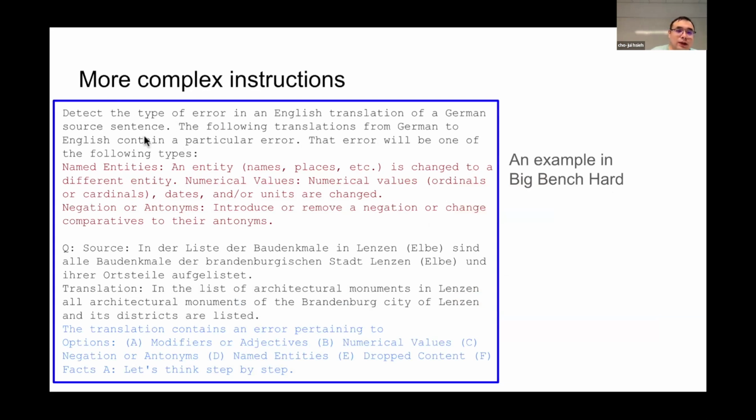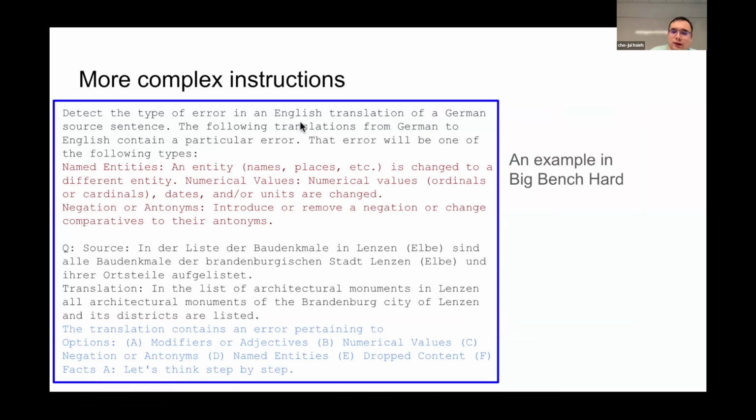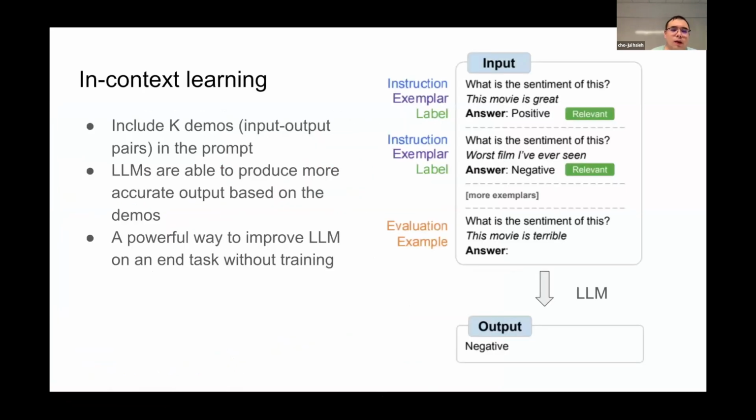In this task, we want to ask the language model to detect the type of error in the translation, and you can even define what the potential errors you can make are, and then given this sentence, what kind of errors it's made, and then the language model will answer it. Okay, we don't need to go into detail, but this just tries to illustrate you can give very complex instructions to the LLM, and it can solve this task without fine tuning.